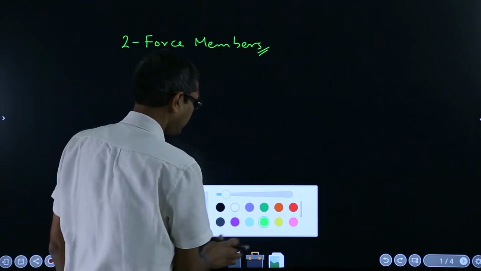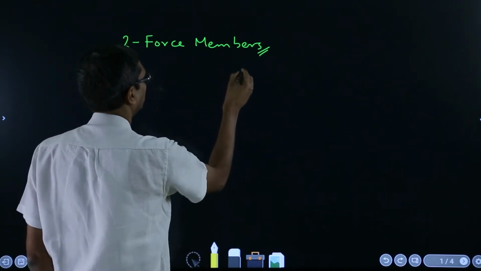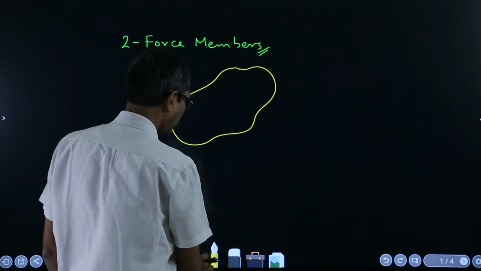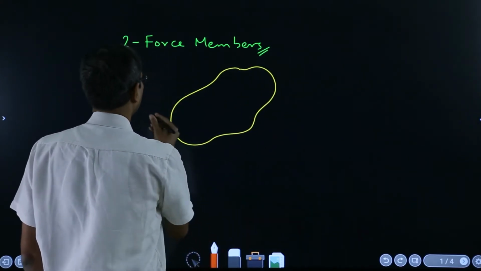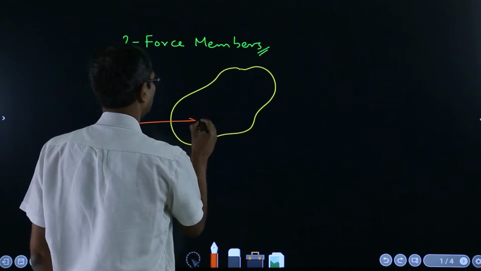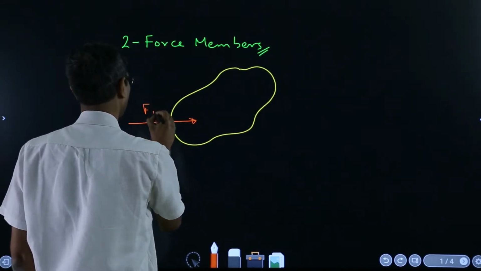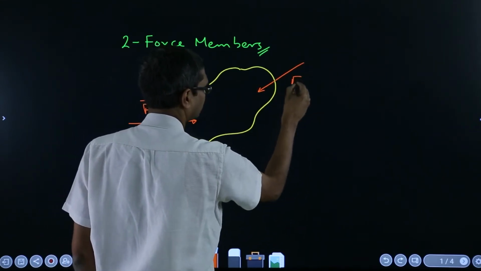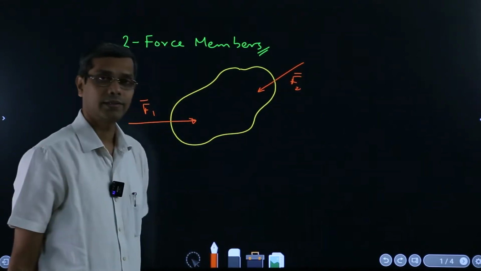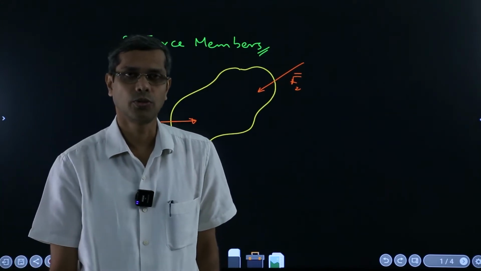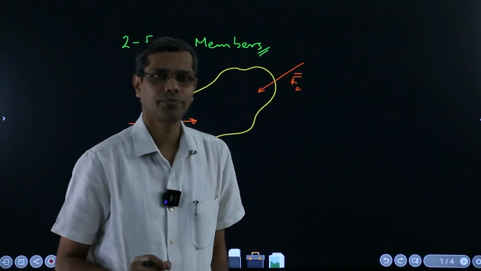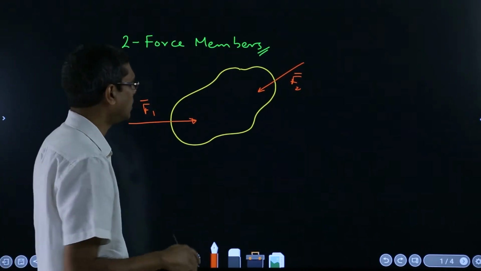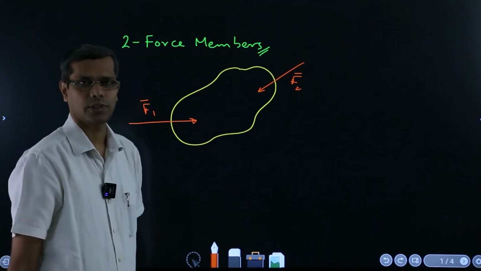Now suppose we have a body, and we know that there are 2 forces acting on the body, F1 and say F2, and we also know that this body is in equilibrium, in balance under the action of these 2 forces.